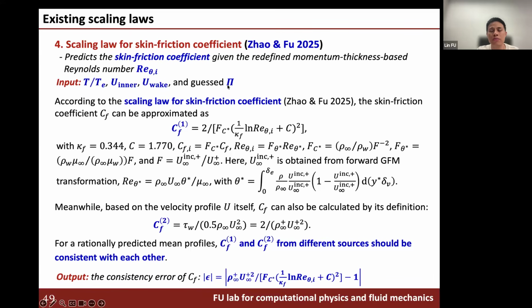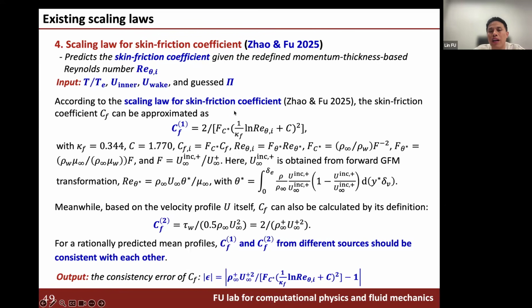Because you have an incompressible velocity profile, a transformation to map it to the compressible version, and a temperature profile obtained from the velocity profile, the only unknown parameter in this system is Pi in the incompressible definition. This Pi can be determined by enforcing the scaling law for the skin friction coefficient, as we just derived.